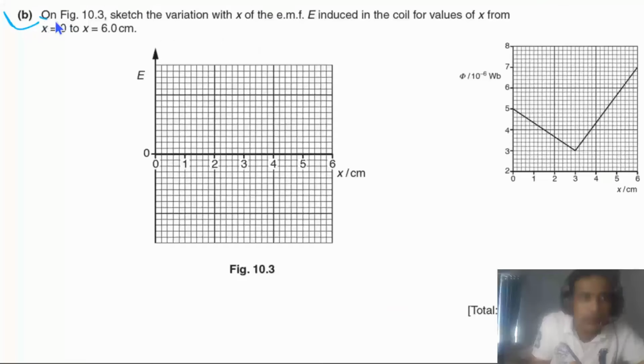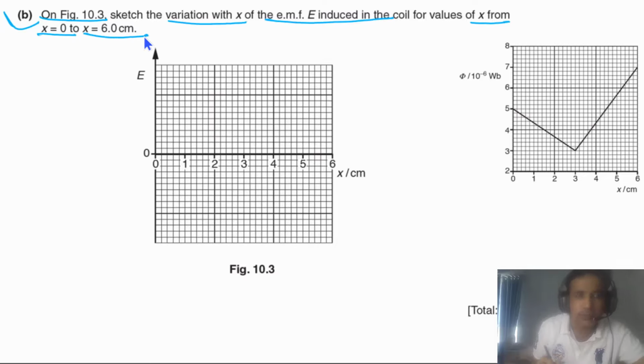Part B says, on figure 10.3, sketch the variation with x of the EMF E induced in the coil for values of x from x equal to 0 to x equal to 6.0 centimeters. For this question, it is given that the coil is moving in a non-uniform magnetic field with constant velocity.